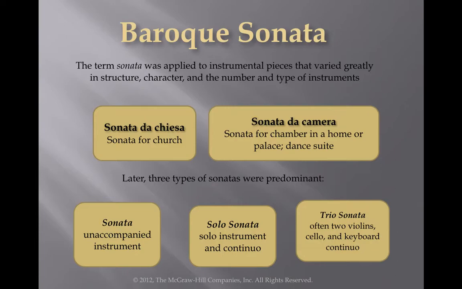Another, a solo sonata with continuo, featured one instrument and had continuo instruments playing accompaniment, so one bass instrument, as we've talked about before, and one chordal instrument, such as a cello and a harpsichord, for example. And another example was the trio sonata, which was often a string trio, two violins and a cello, along with a keyboard playing continuo, so just one keyboard playing both the bass parts and the harmonies.